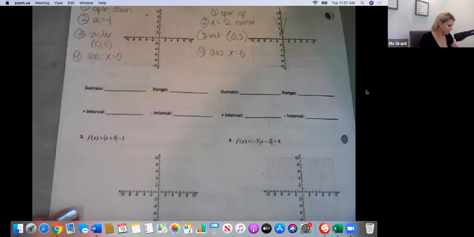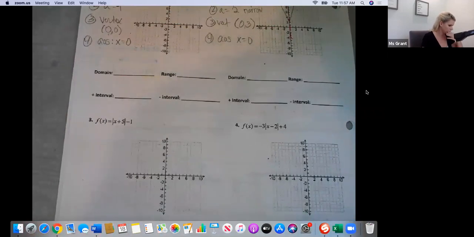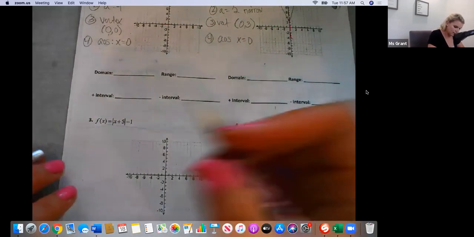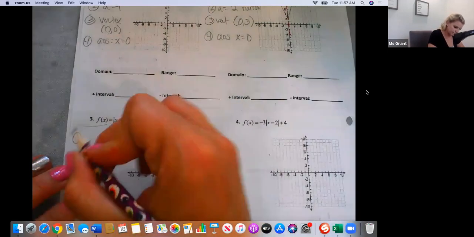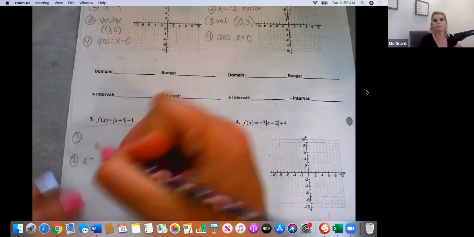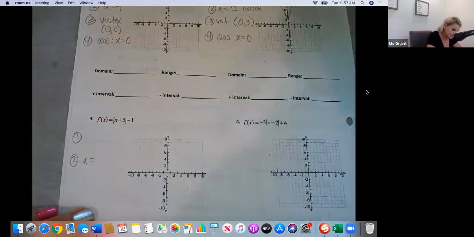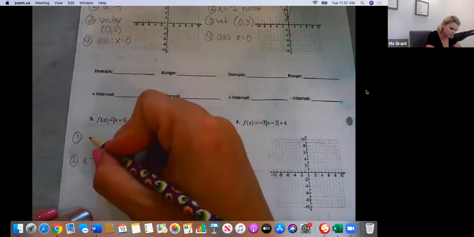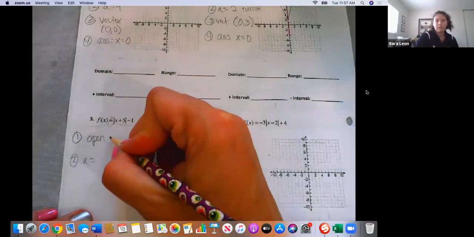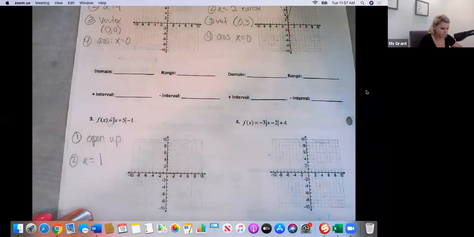X equals 0. Okay, number 3. Is it open upward or downward? Sarah. Would it open up? It does because this is a positive 1. A equals 1.